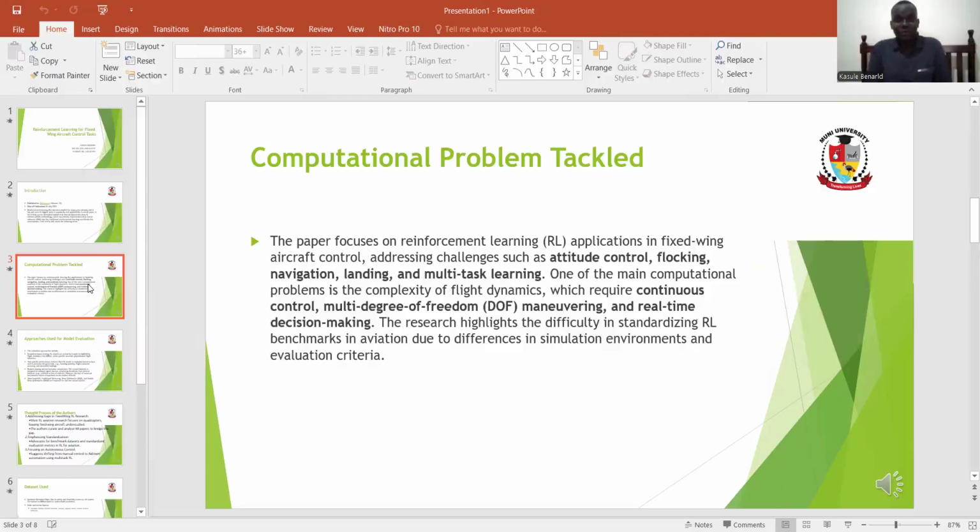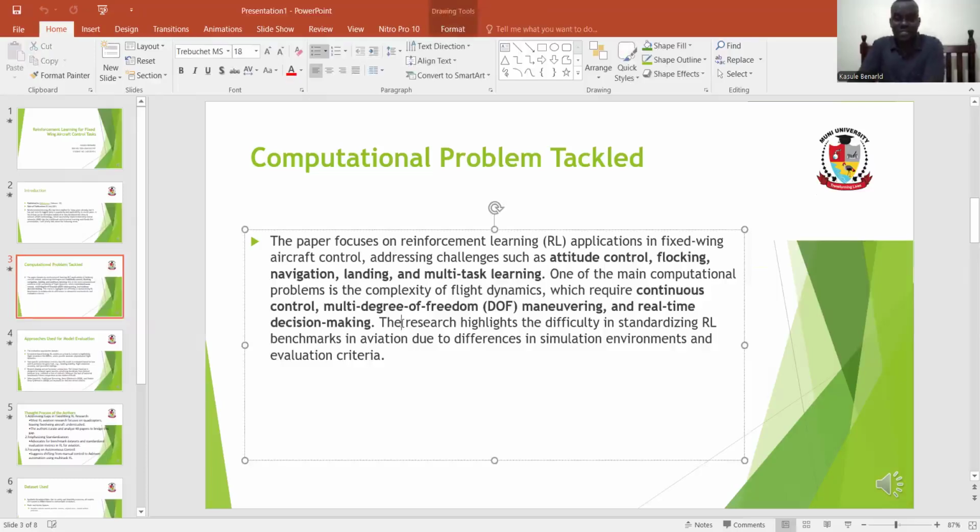One of the main computational problems is the complexity of flight dynamics, which requires continuous control, multi-degree of freedom maneuvering, weather or some other interference, and real-time decision making.